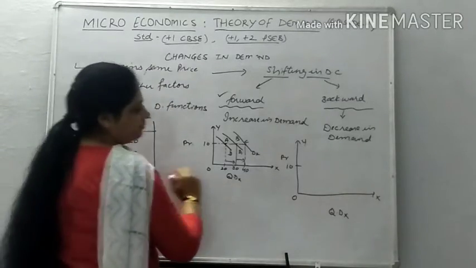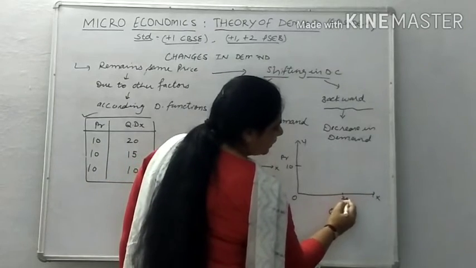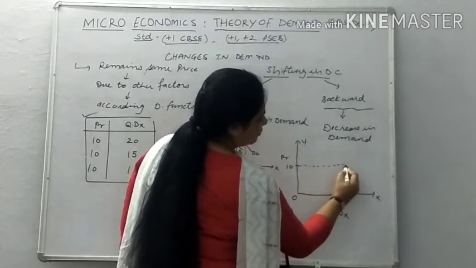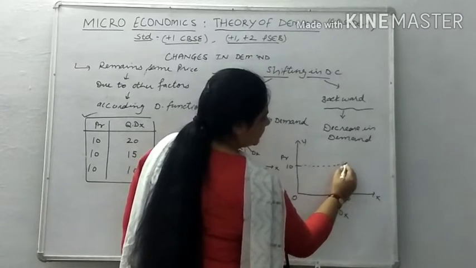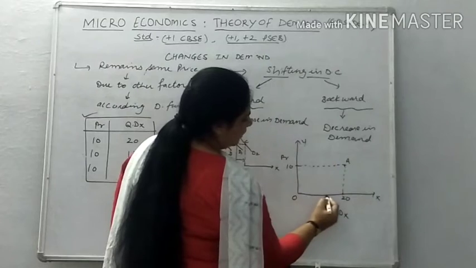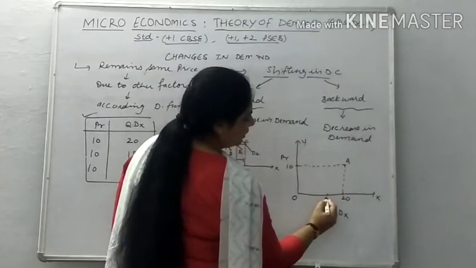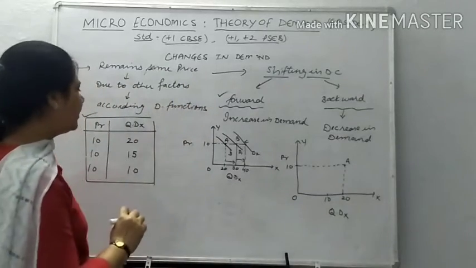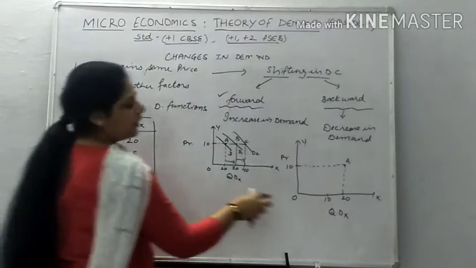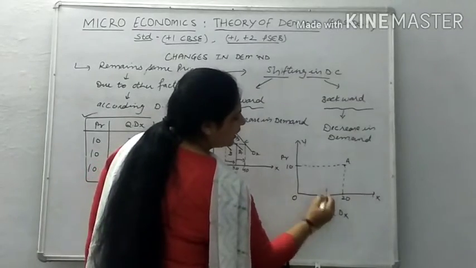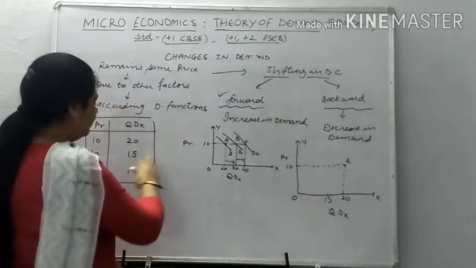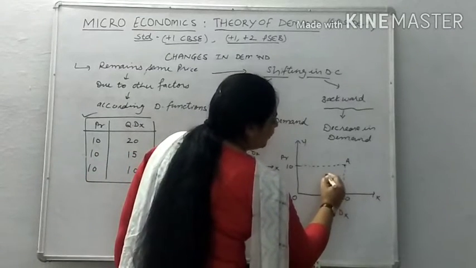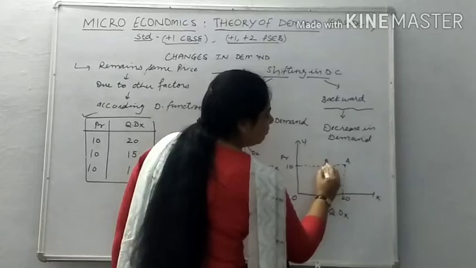At rupees 10, person is willing to purchase 20 units of the same commodity, and here we mark an intersection point. This is A suppose, and now at the same price consumer is decreasing his quantity demanded from 20 units to 15 units. We shall take 15 units according to this example, and again I am going to mark point B.